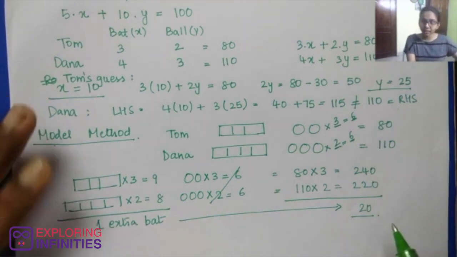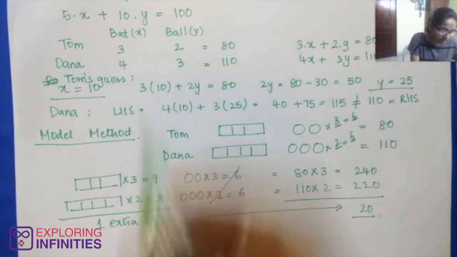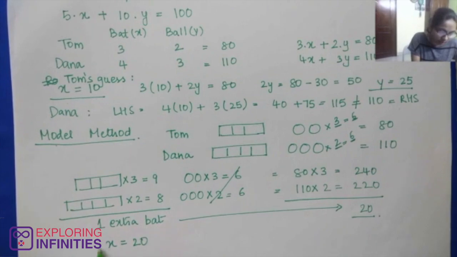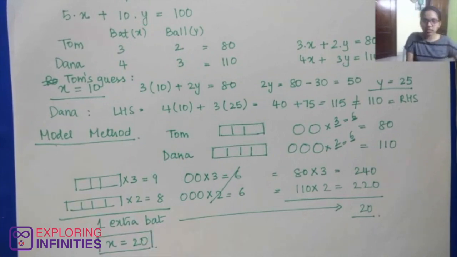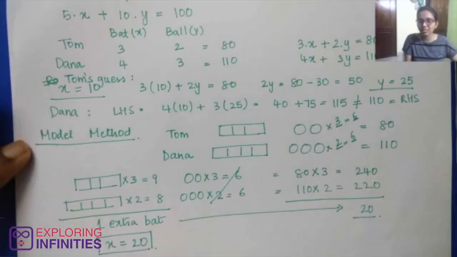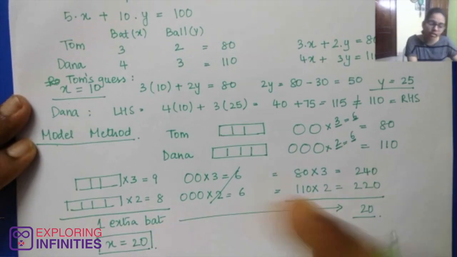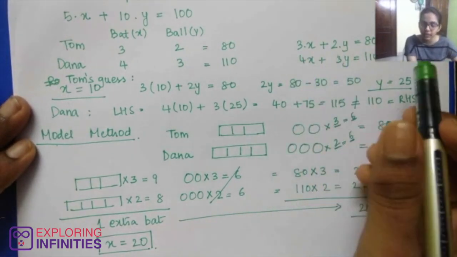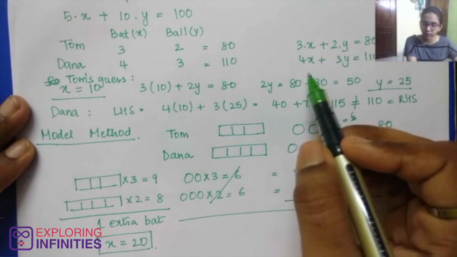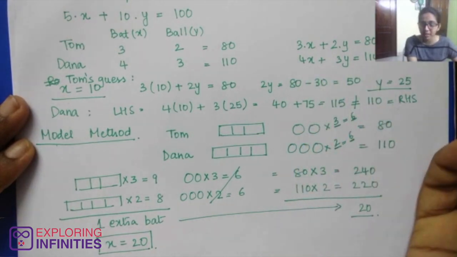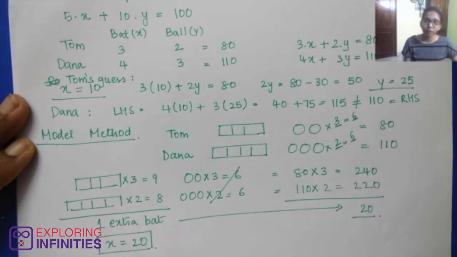So now we have the answer for our x, that x is 20. Now using our x, if you put this x into any of the equations, be it 3x plus 2y is equal to 80, or be it 4x plus 3y is equal to 110, you'll get the same answer for y.